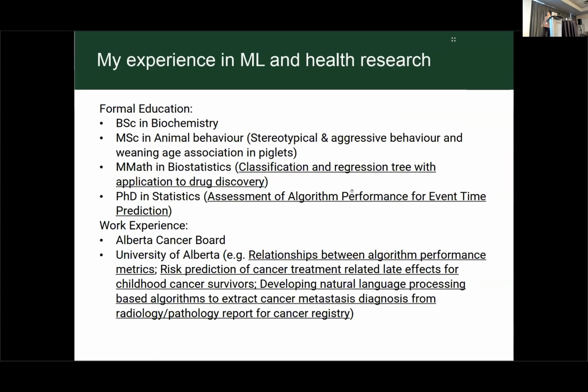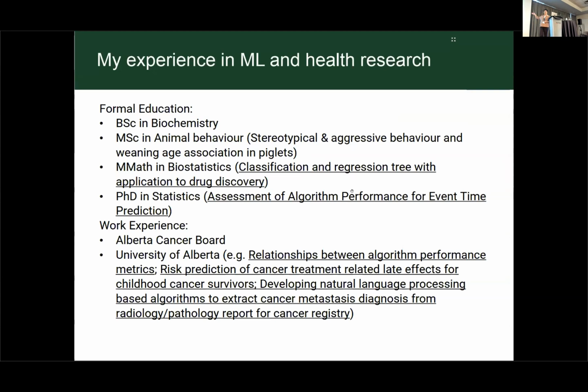All right, so I'm going to take a break and switch to my own involvement in health research and machine learning. My formal education: I had a bachelor's degree in biochemistry, followed by a master's degree in animal behavior. Afterwards, I got a master's degree in biostatistics, where I studied the classification and regression tree with application to drug discovery.